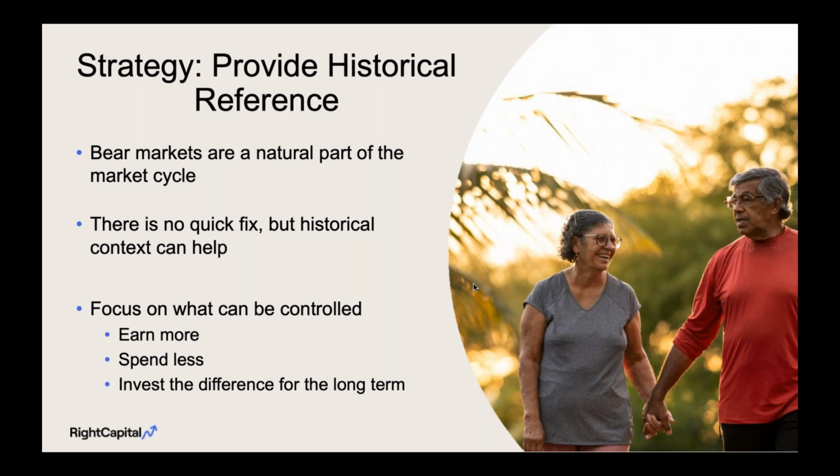So although there's no quick fix, understanding how recessions have historically rebounded or how long they've lasted can help give clients a little bit of ease and comfort in understanding that no one can control the market. No one can understand what's happening in the future. But what we do know is there are specific variables that can be controlled. So let's understand what's happened in the past, and let's control what's happening today to best prepare for what could happen in the future.